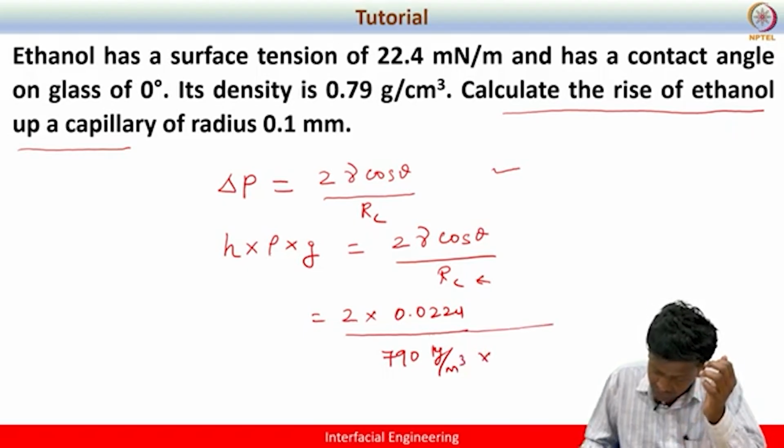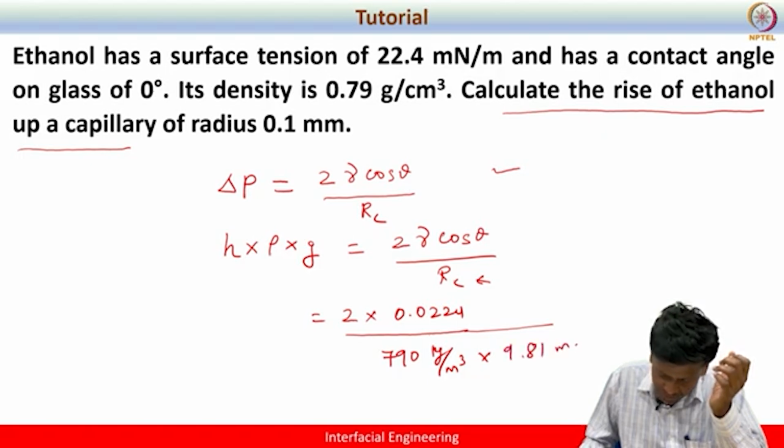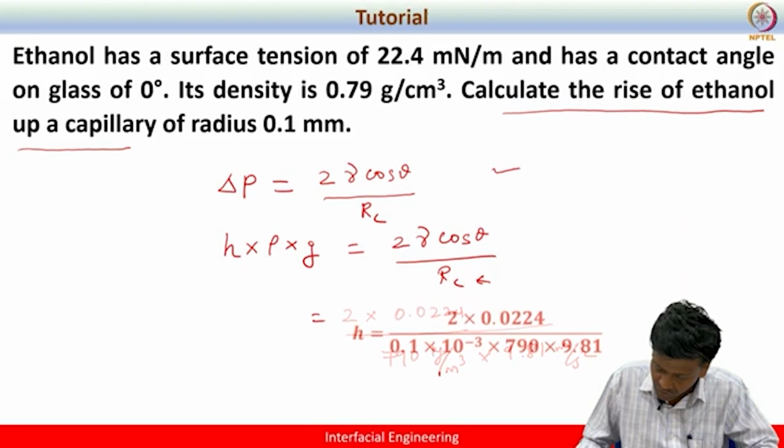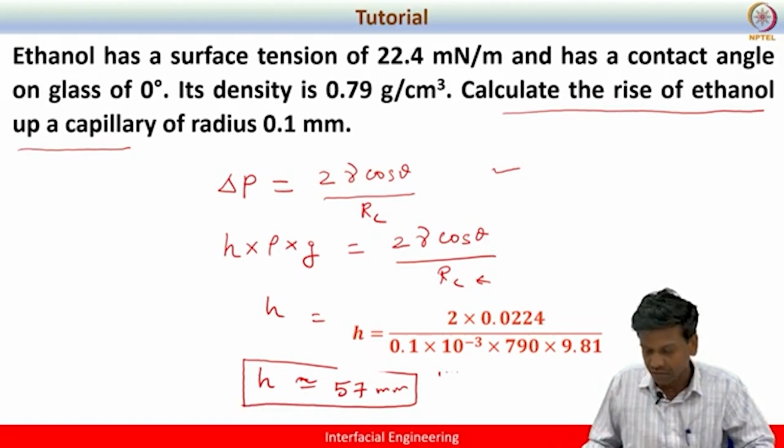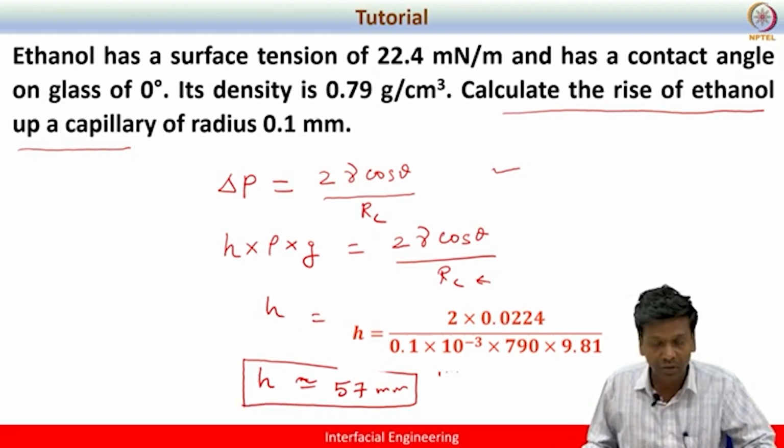And then gravity is 9.81 meter per second square. So this is nothing but h. If you simplify this, you would get approximately 57 mm. So the rise of the height of the liquid column in this problem is 57 mm. You can check that.